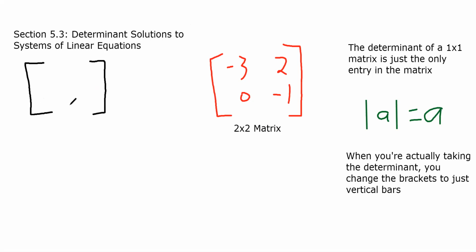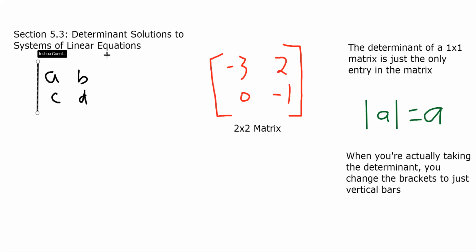But if you're talking about a 2x2 matrix like this, A, B, C, and D, we will use to represent the entries in that 2x2 matrix. Well, whenever it's time to take the determinant, we'll change these into vertical bars.